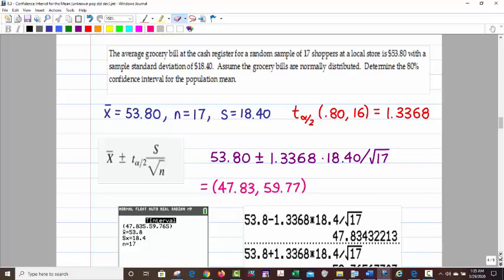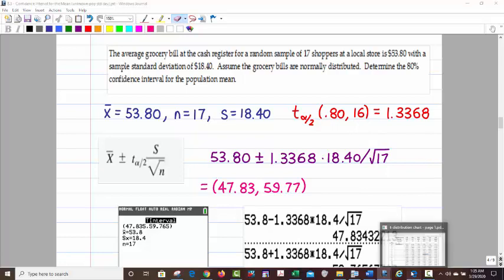All right. So I wrote down some of the pertinent information here. 5380. n is 17. s is 1840. And then I'll look up the t. So n is 17. That means 17 minus 1, 16 degrees of freedom. Very important.